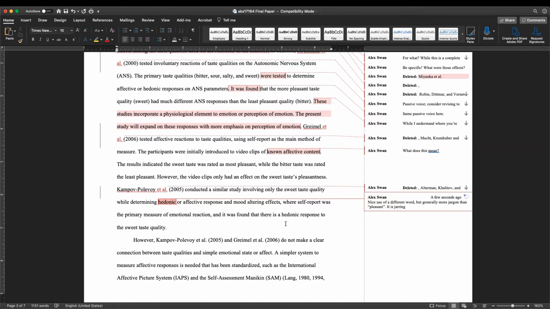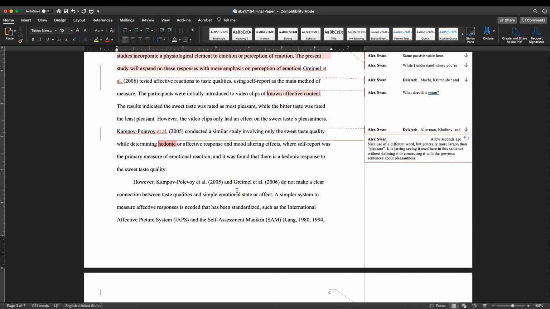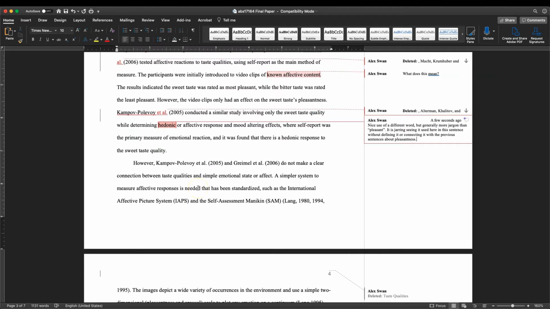As you can see here, I am talking about the use of the word hedonic or hedonic, depending on how you want to pronounce it, where it just sort of pops out of nowhere. One thing I'll note about this is that what I notice in a lot of students' writing is that when they go back and forth between various sources, they are using various levels of academic writing.